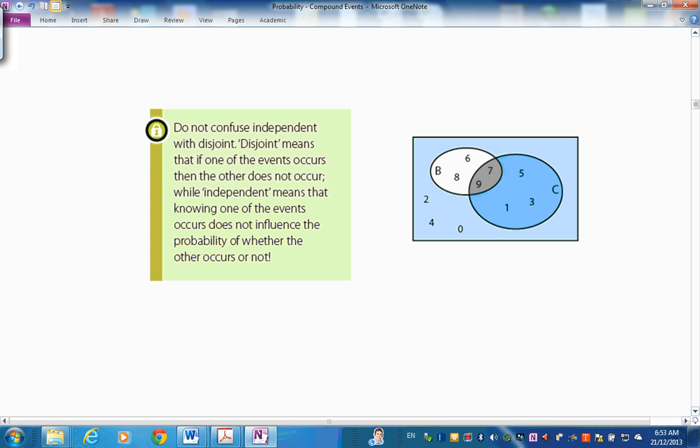And just a summary here from Pearson's. Do not confuse independent with disjoint or mutually exclusive.